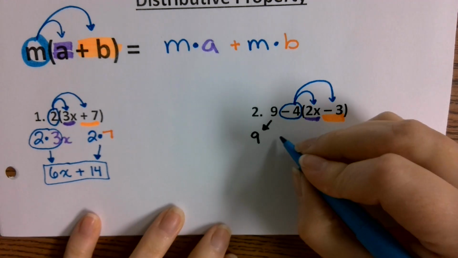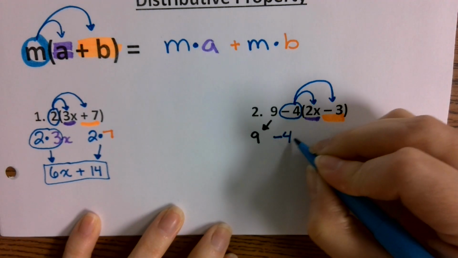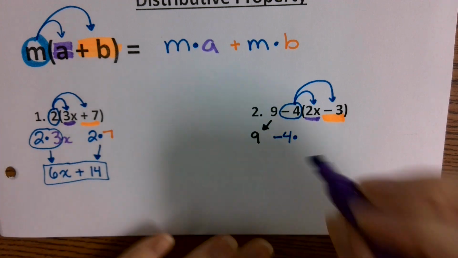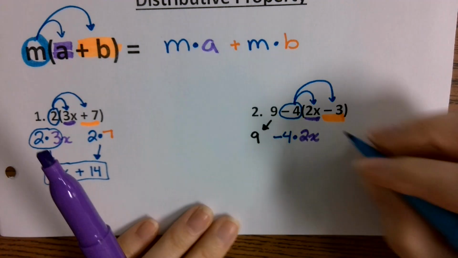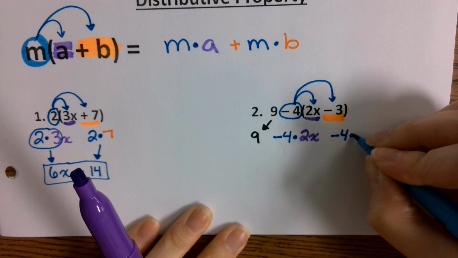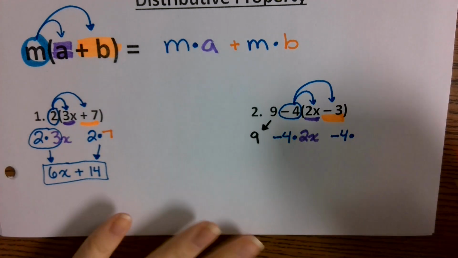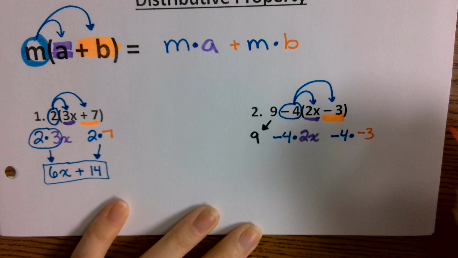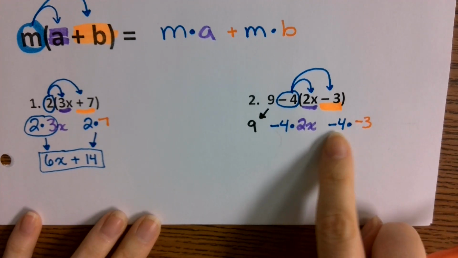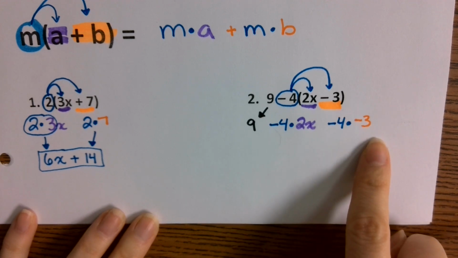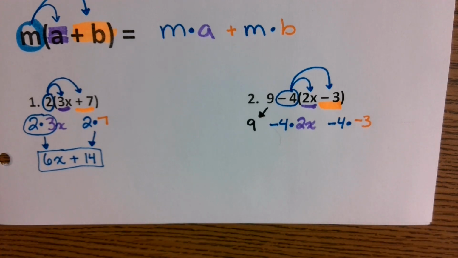Okay, let me write that down again. We have negative 4 that we're multiplying with the 2x, and we have a negative 4 that we're going to multiply with a negative 3. It's important, guys, that you keep your negative signs with it. Those negative signs must carry down with it.